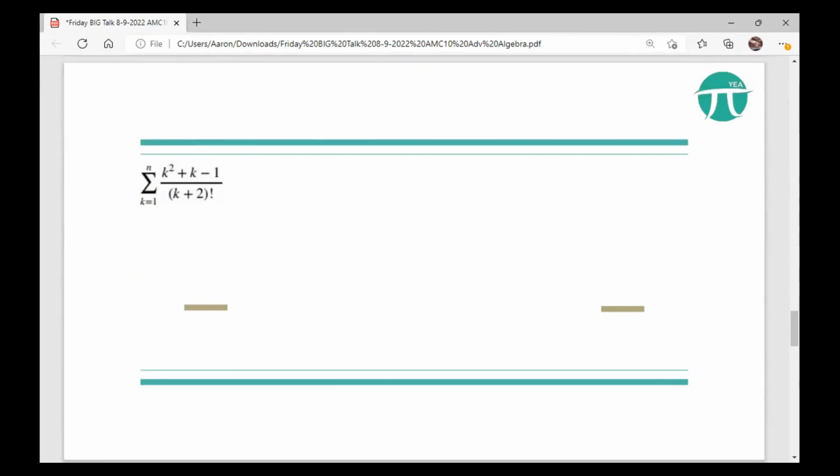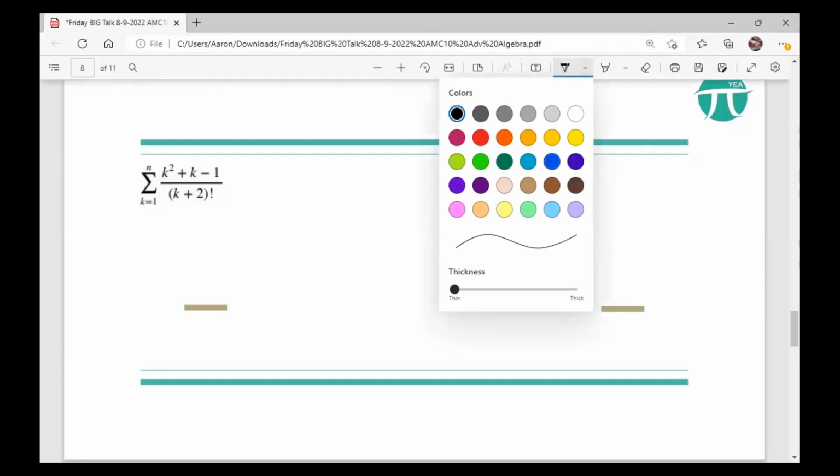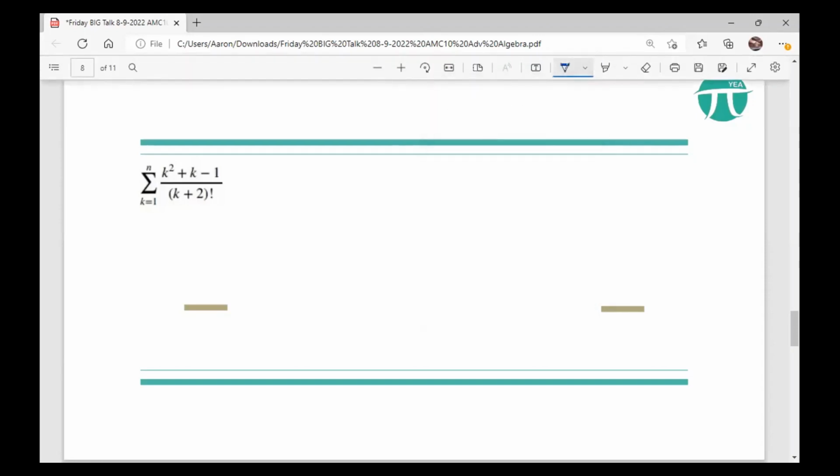It's roots. Sorry. Anyway, so this time it's just this. And honestly, factorials are probably one of the easier ones.